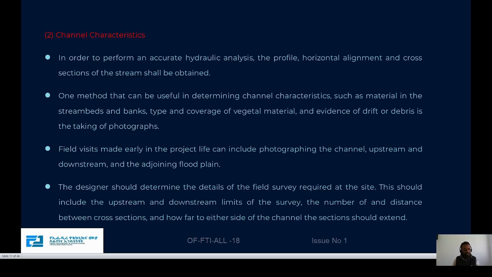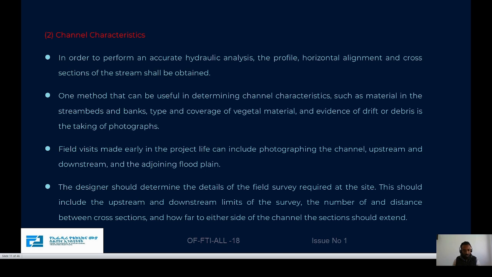And the second is the channel characteristics. This channel characteristics will be collecting information for accurate hydraulic analysis. The profile, the horizontal alignment, and the cross sections of the streams are also very important.